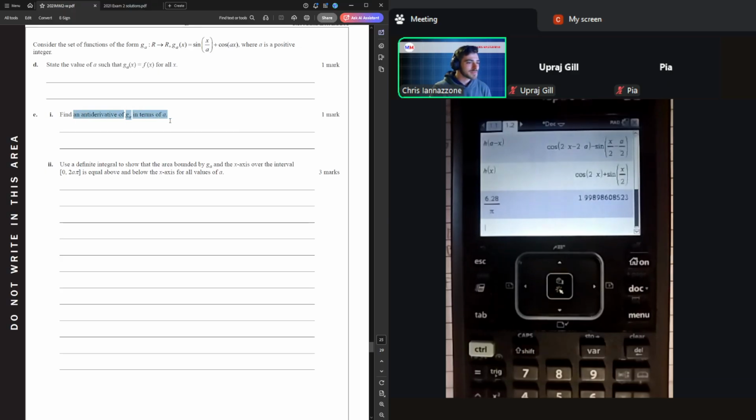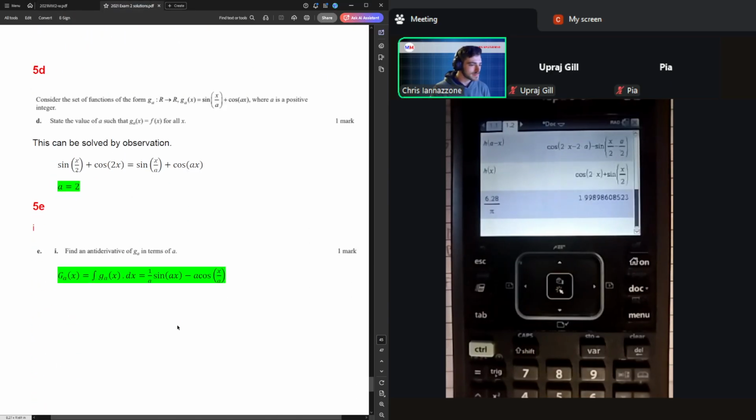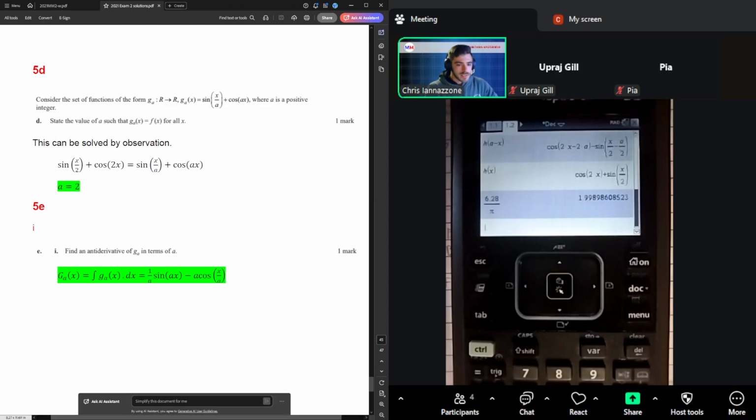This will also be pretty easy. It's one line in the CAS. I don't even want to spend any time on that. Literally just grab this and shove it in the antidiff and read it and write exactly what you got. You'll notice there's no plus C here. It says find an antiderivative. So if you were to put plus C in there, you would have found all antiderivatives. I don't know if that's necessarily a bad thing.